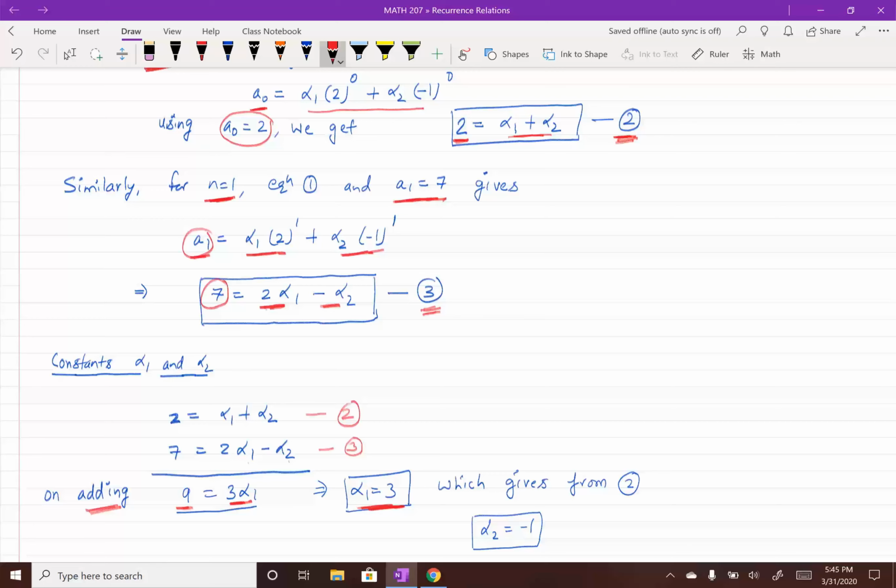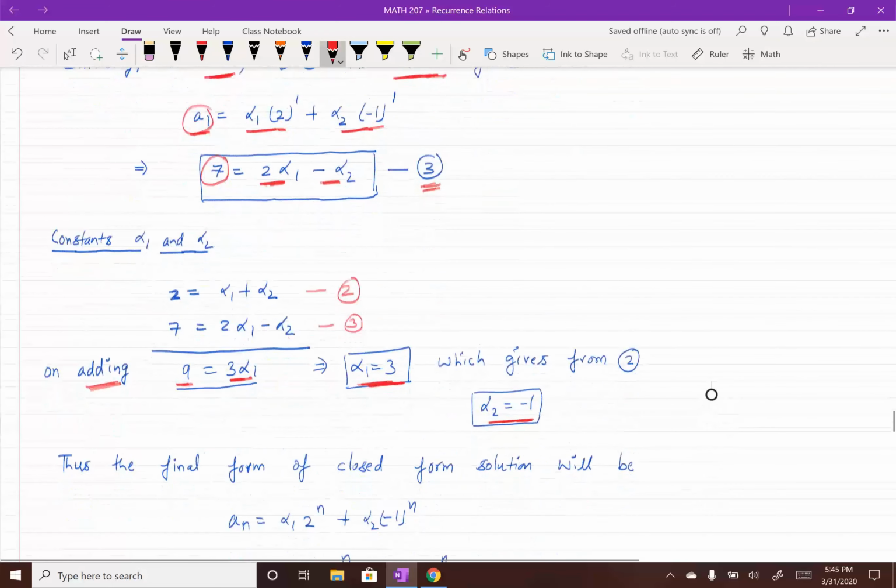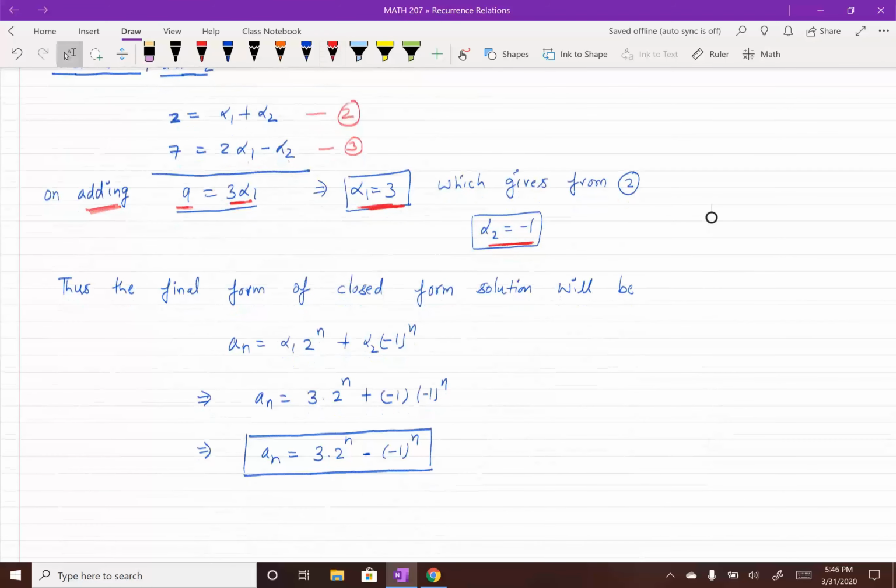Once alpha 1 is equal to 3, you can put the value of alpha 1 in your second equation, and from there you can obtain the value of alpha 2, which comes out to be minus 1. Once you know the values of your constants alpha 1 and alpha 2, you can put them into the closed form of your solution of the recurrence relation, and the solution, which is the unique solution now, is going to be 3 times 2 to the power n minus 1 to the power n.